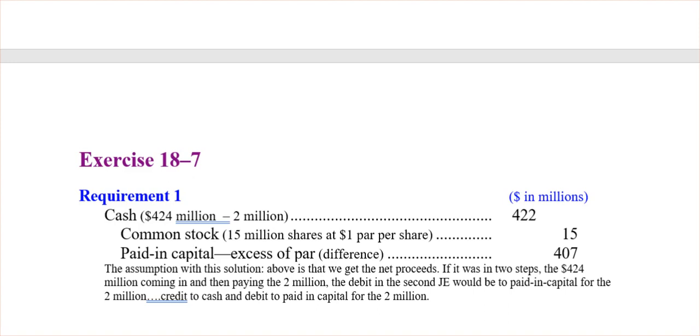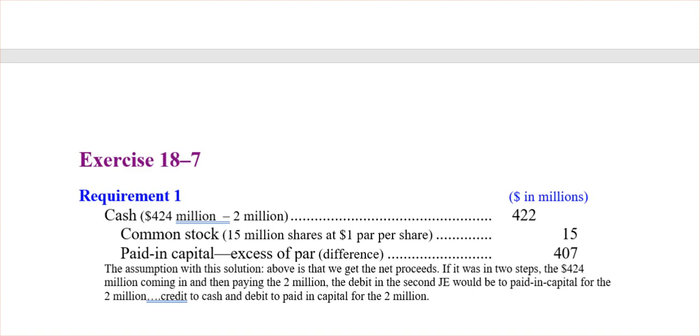Then, if we're cutting a separate check, you would have a debit to paid in capital in excess of par for 2 million and a credit to cash.